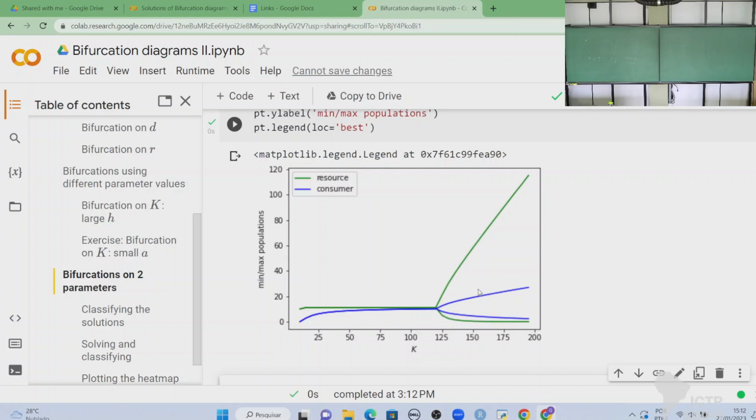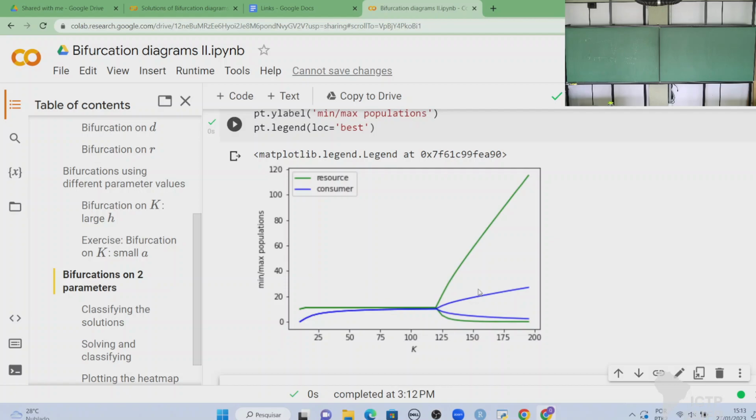So what did this small a change? It just changed a from 1 to 0.1. So the bifurcation diagram still looks the same, but now I divided a by 10, so I had to increase the range of values of k, multiplying it by 10 also. So you see the scales of a and k are proportional. Does that make sense?